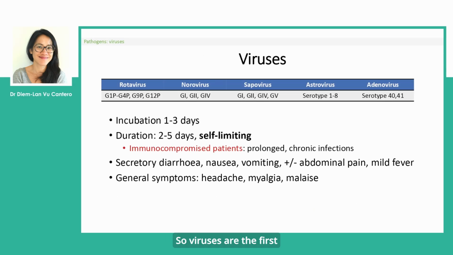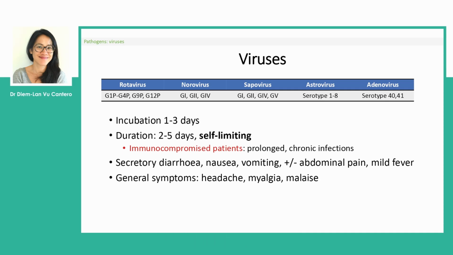So viruses are the first and main cause of acute diarrhea. Rotavirus, norovirus, sapovirus, astrovirus, and adenovirus can cause acute diarrhea. Usually the disease is self-limiting, except in immunocompromised patients, where the disease can be prolonged and cause chronic infections.